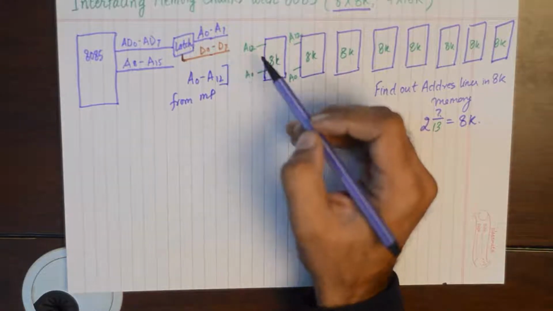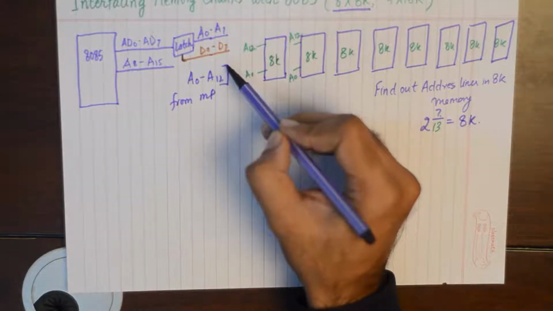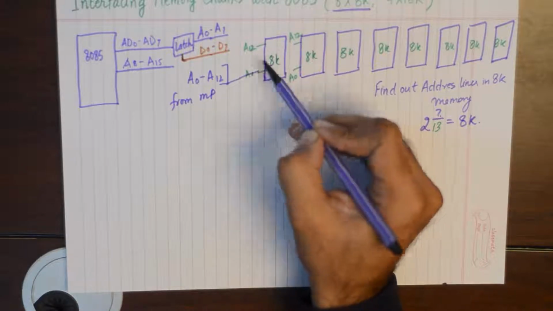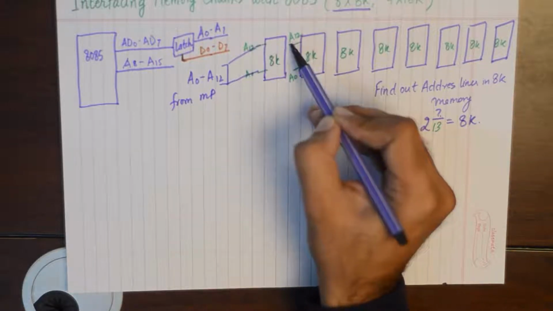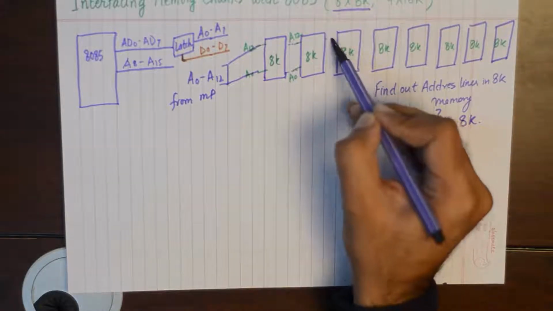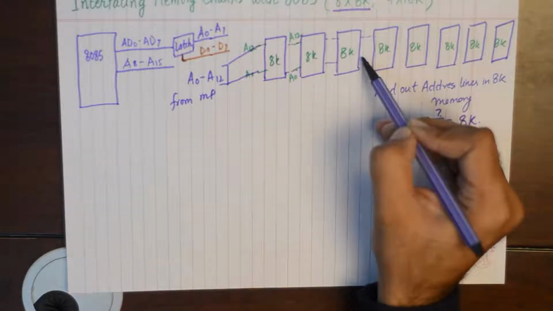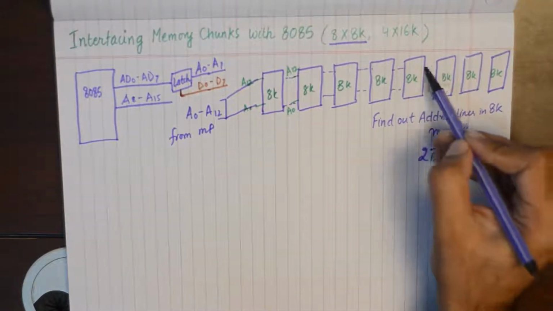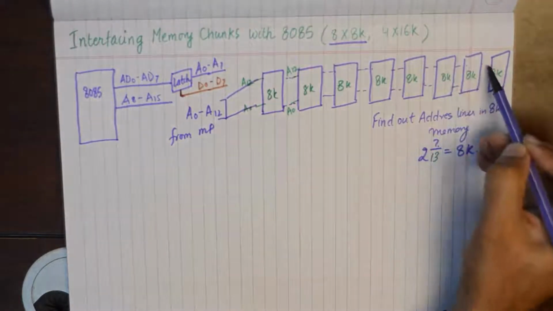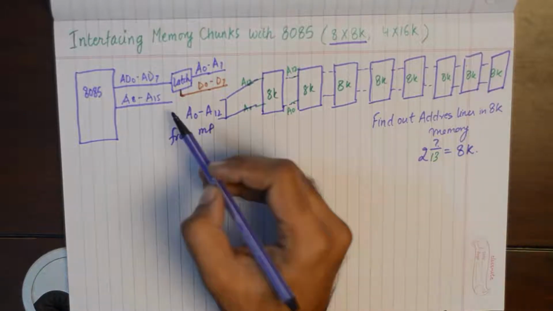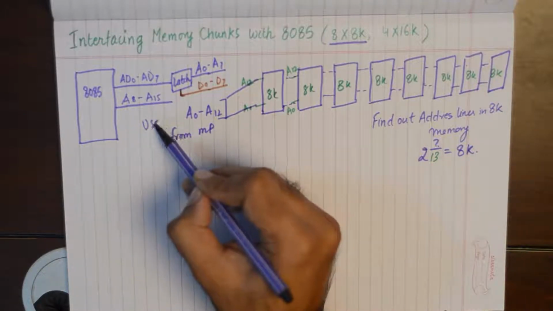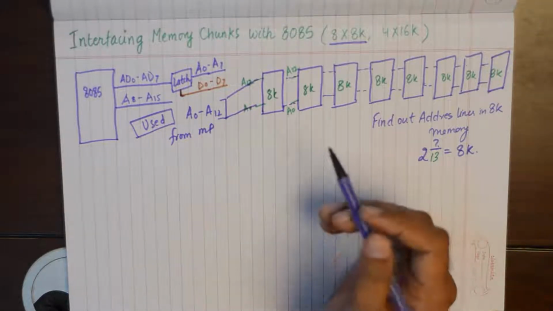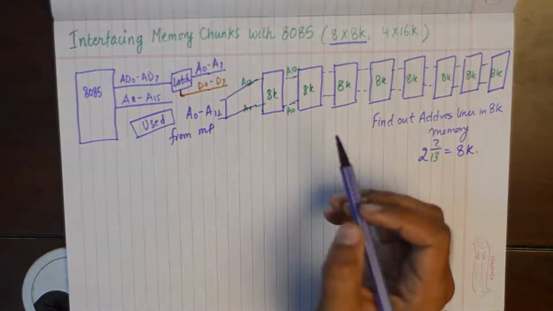So symbolically I connect A0 to A12 to these address lines. So my 13 lines are now used. A0 to A12, 13 address lines are now utilized.